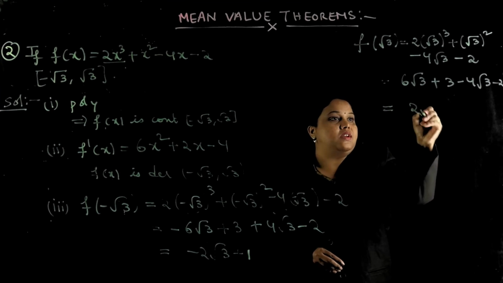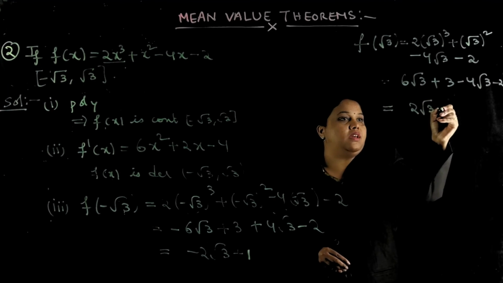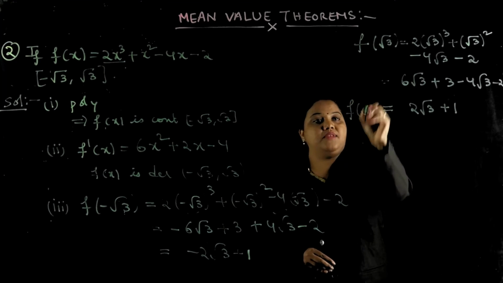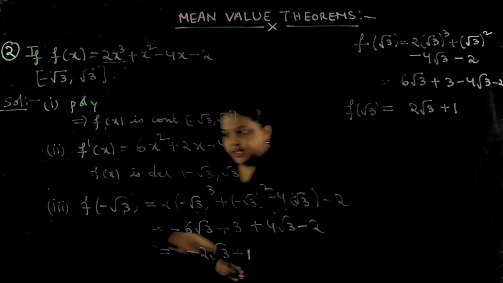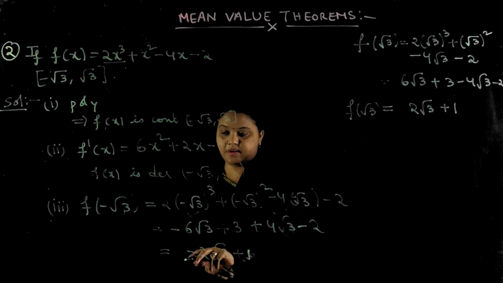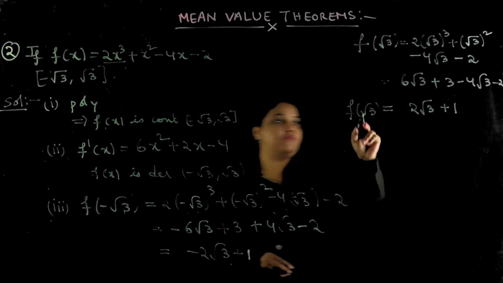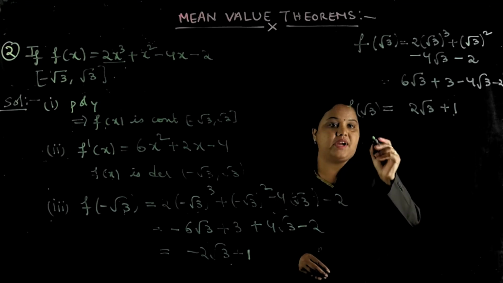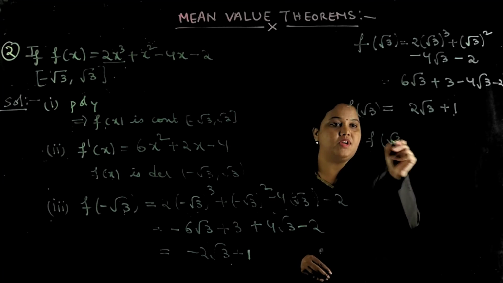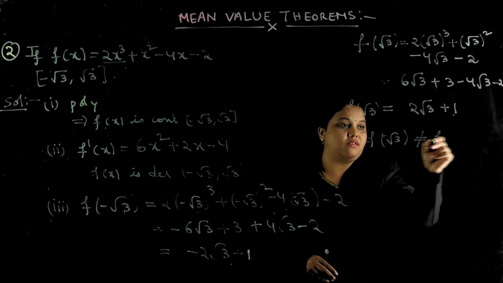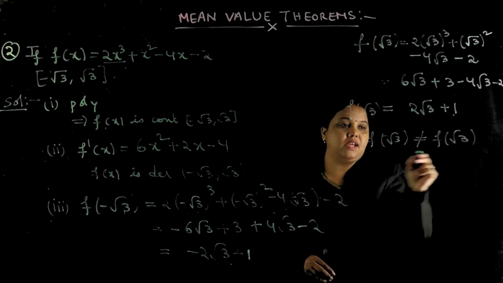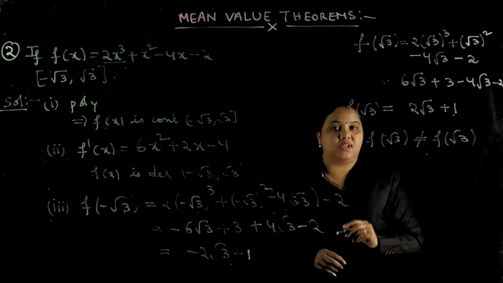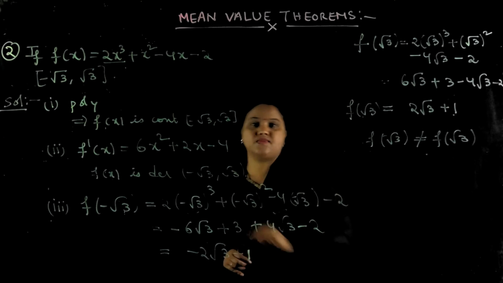This is nothing but 2 root 3 plus 1. And if you observe here, you are getting f of minus root 3 as minus 2 root 3 plus 1 and f of root 3 as 2 root 3 plus 1. So, we observe here that f of minus root 3 is not equal to f of root 3. Therefore, as the third condition is failing, we say that Rolle's mean value theorem cannot be verified for this function.